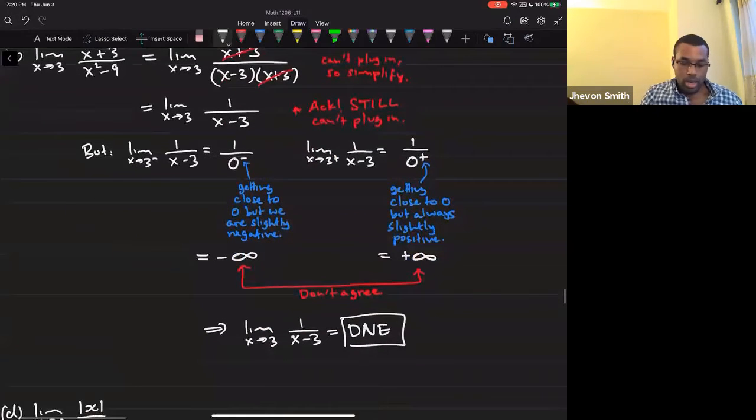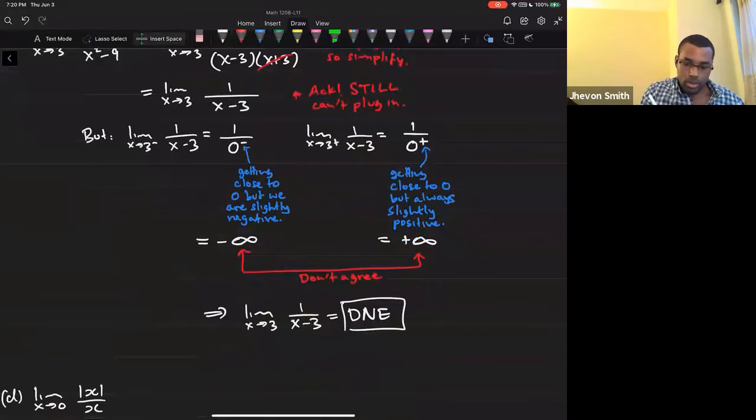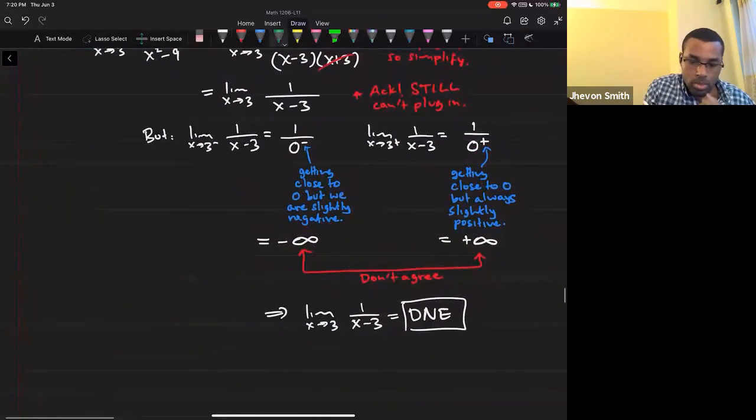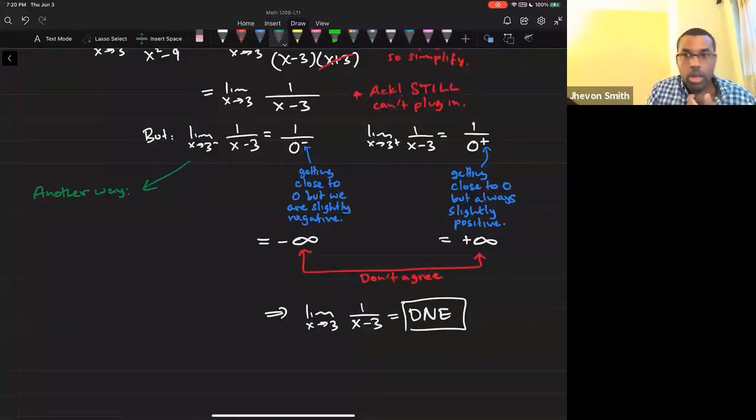That's one way. Of course, another way is to use the graph, because 1 over x minus 3 is not a difficult thing to graph, or it shouldn't be if you know your pre-calc.